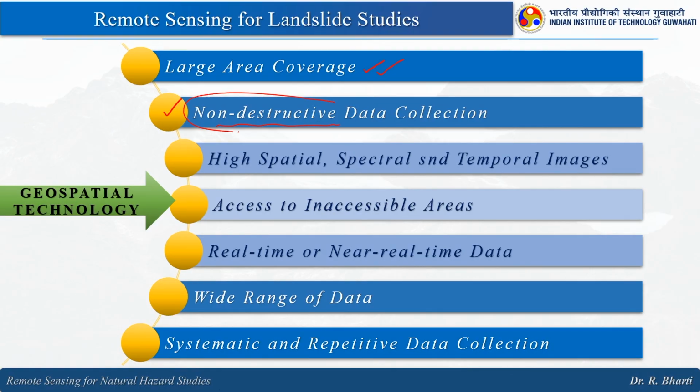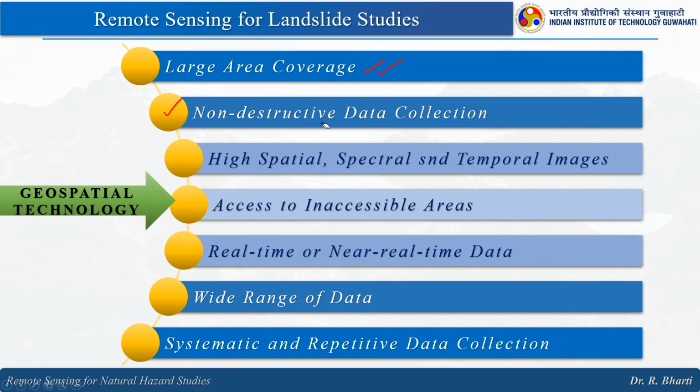We collect the sample and make it powder or maybe liquid, depending upon the instrument. So we prepare our sample depending upon the instrument, and that is destructive in nature. But remote sensing is non-destructive.